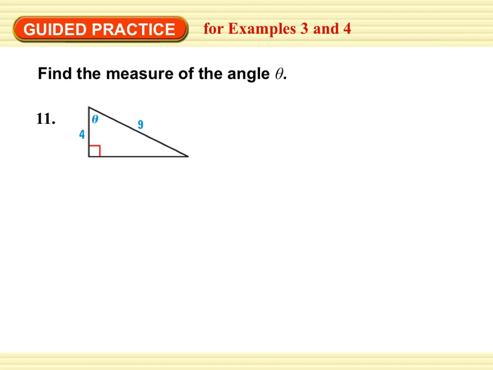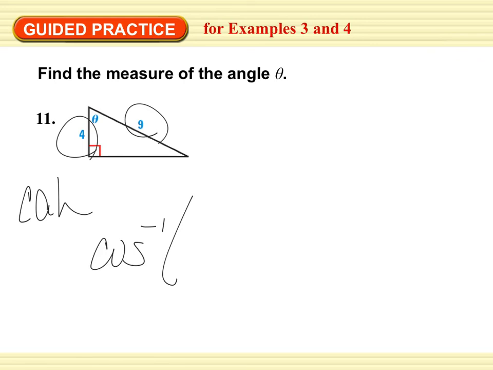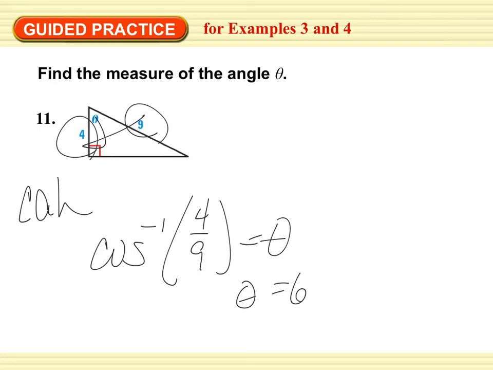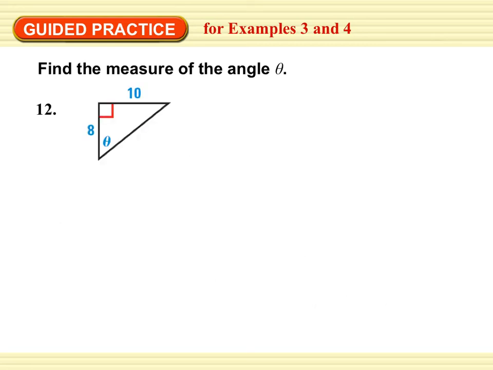Alright, try those a few. Find the measure of angle theta. Here, this is my hypotenuse, and that is adjacent. So the only thing with adjacent and hypotenuse in it is cosine. So cosine to the -1 of adjacent over hypotenuse equals theta. Plug it into your calculator, and you've got theta equals 63.6. When there's no domain restrictions, it's pretty simple, right? Alright, I have theta, I have opposite over adjacent.